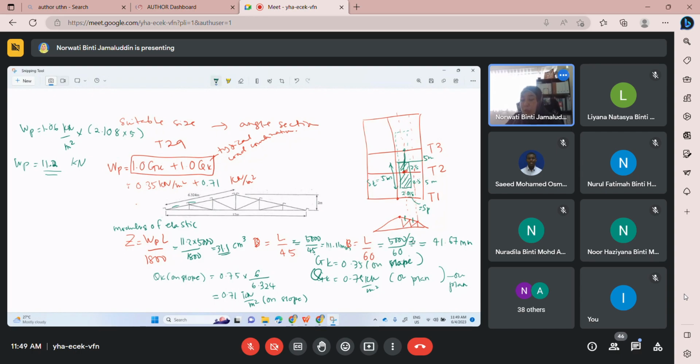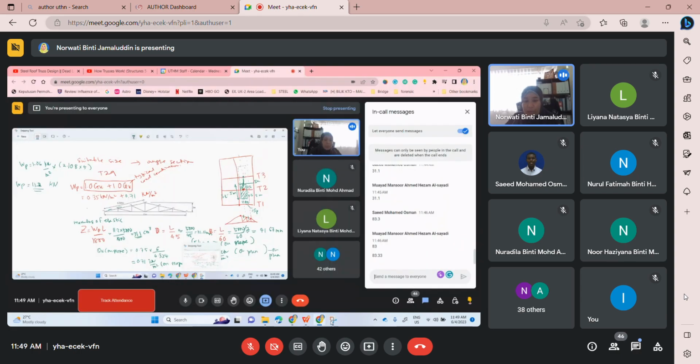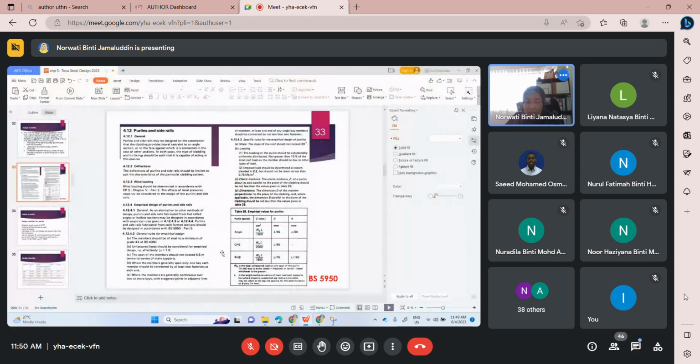So you need to divide by 2. But that one is only applicable for calculating B only, not involve D. Just B only as indicated in this table, Table 29. Boleh faham? Clear tak?